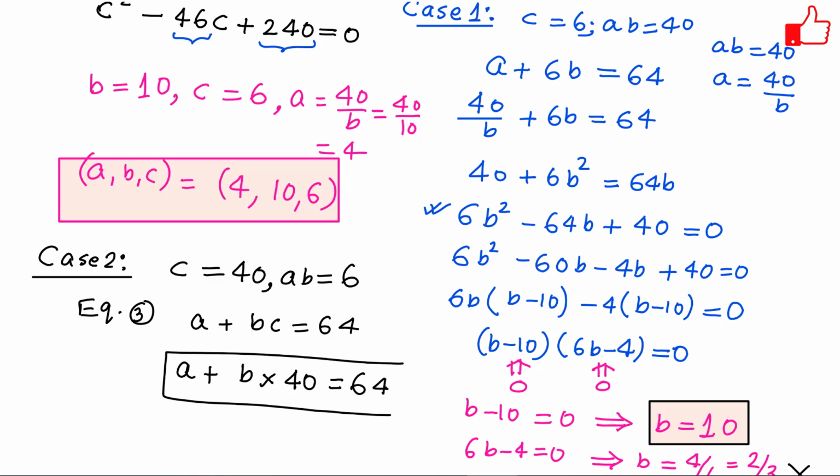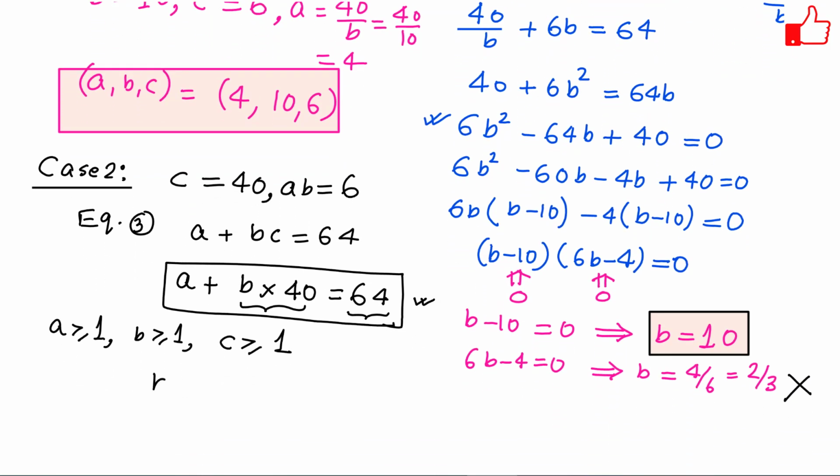Now see, B and C and A are positive integers. This means A is greater than or equal to 1, B is also greater than or equal to 1 and C is also greater than or equal to 1. Now if you see this equation, if you take B is equal to 2, then this term itself becomes 80, but this side you have only 64. So B cannot be 2 or even 3, 4, 5. The only possibility we have is B is equal to 1.